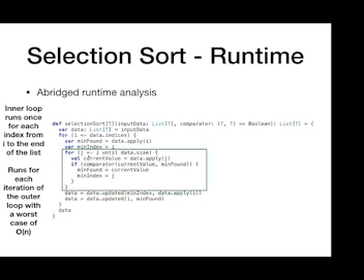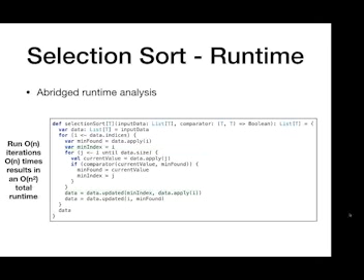Since this loop runs for every single iteration of the outer loop, we have O of n runtime running O of n times, so we end up with an overall n squared runtime. We have an O of n loop, and inside that loop we run an O of n loop, so we do O of n squared total amount of work asymptotically.